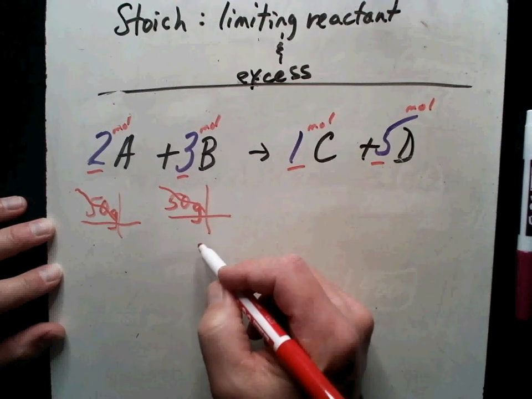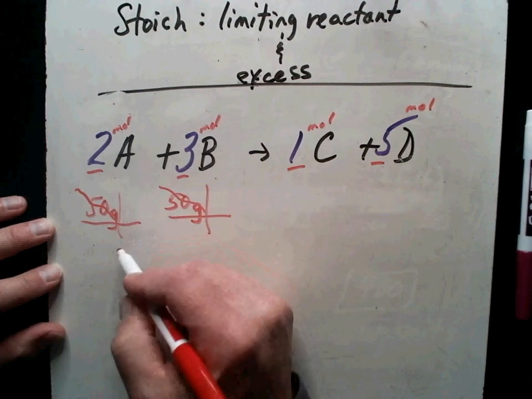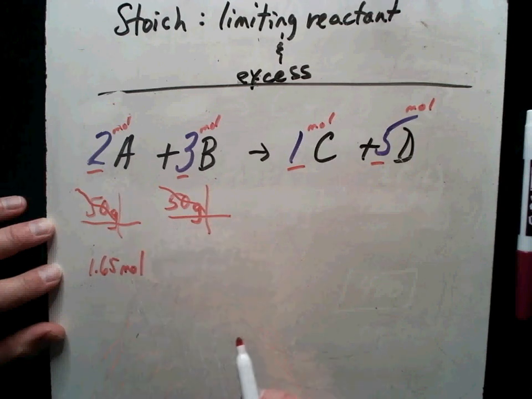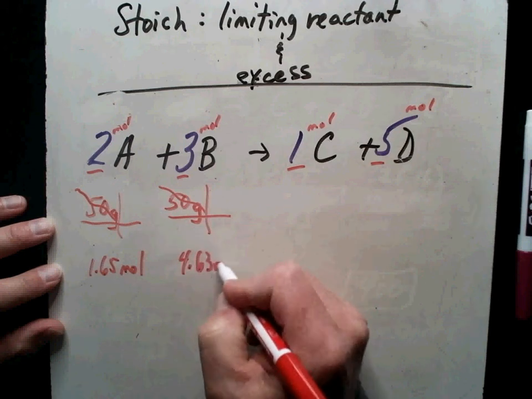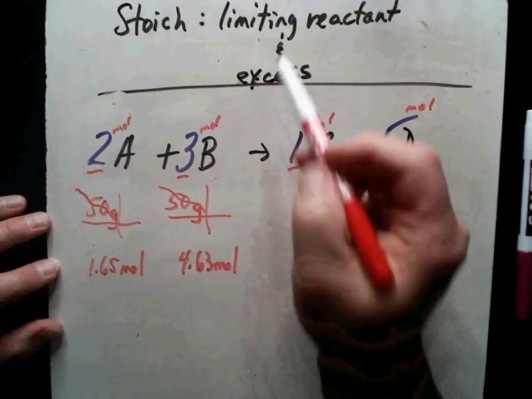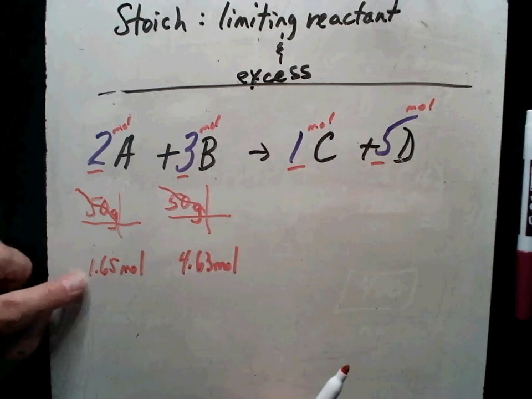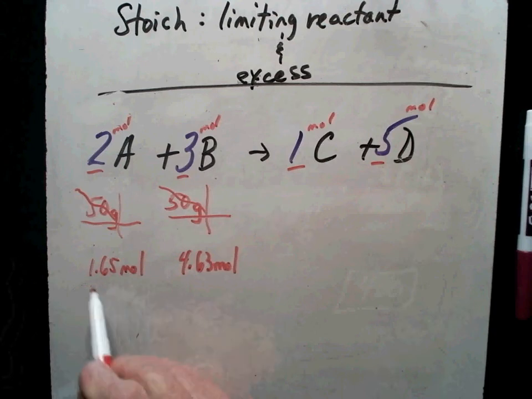I would use the real compound here to change this, and you've already learned how to calculate grams to moles. Let's say we get 1.65 moles. I'm just making these numbers up. And I change this one and I get 4.63 moles. Now can I tell limiting reactant and excess? Yes, I can. Because 1.65 divided by 2, I'm going to show you the answers.